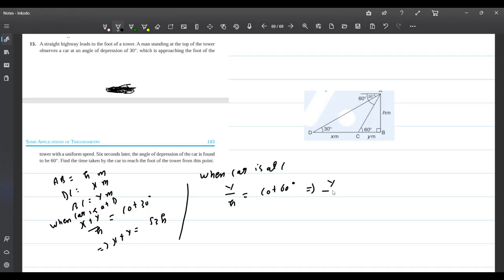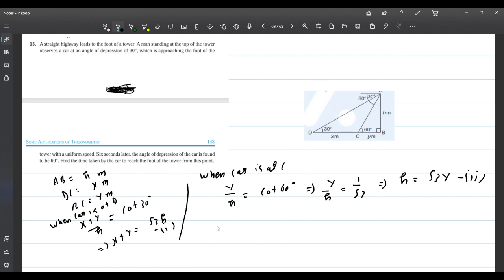So this is equal to Y upon H is equal to 1 upon root 3. So H is equal to root 3 Y. This is equation second and this is equation 1.